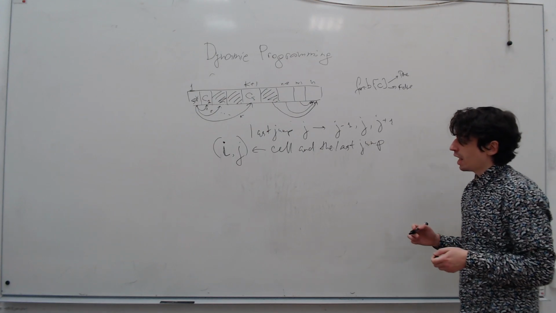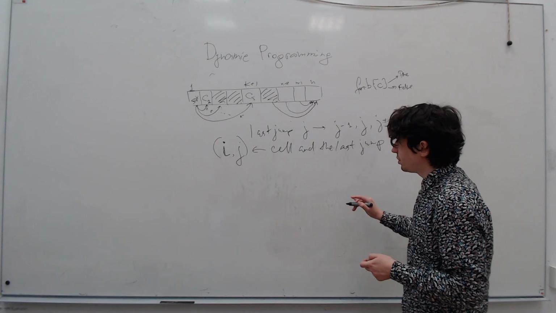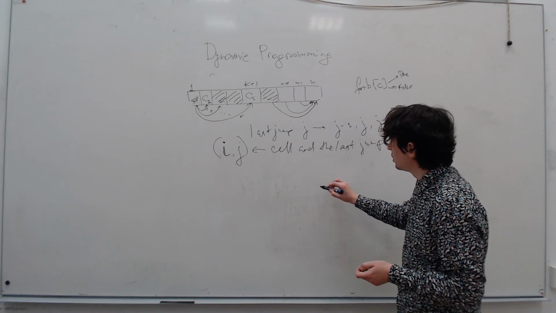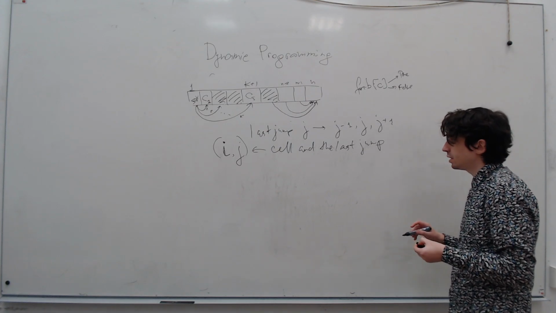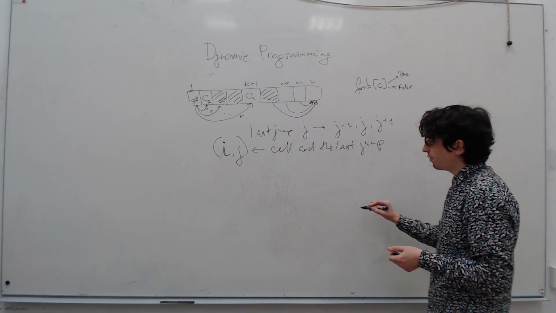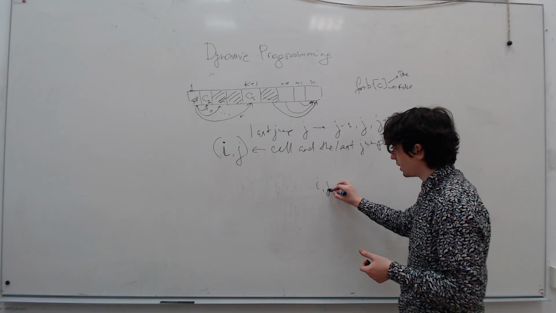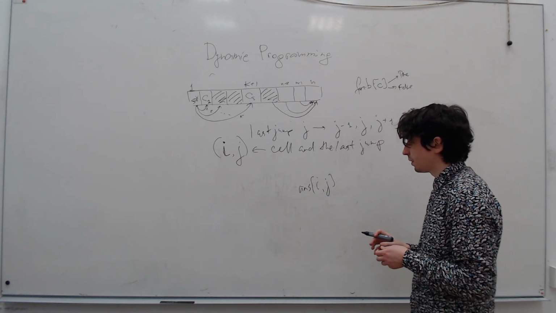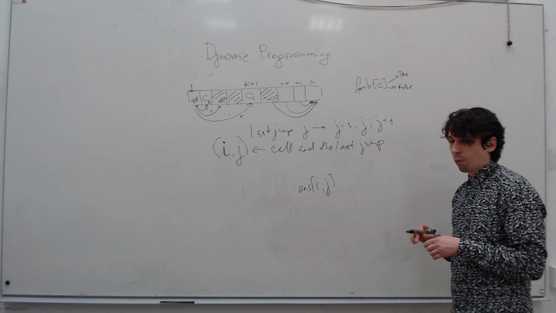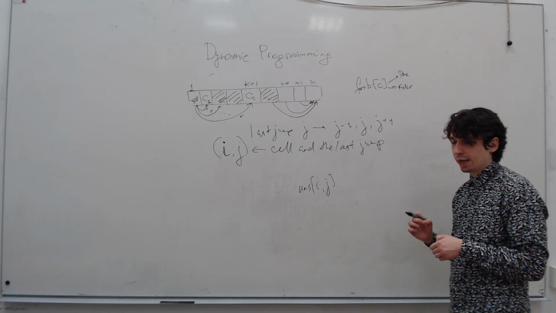You want to calculate the answer, and there are two ways to update this thing. If you want to calculate the answer for ij, from which states can we get into it?